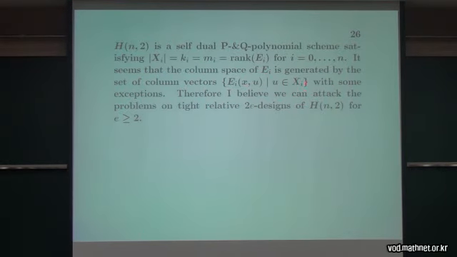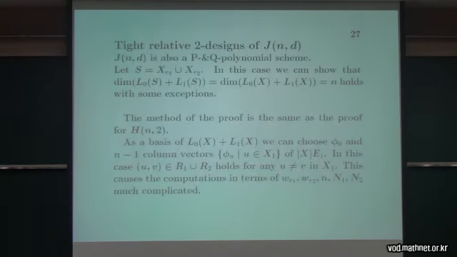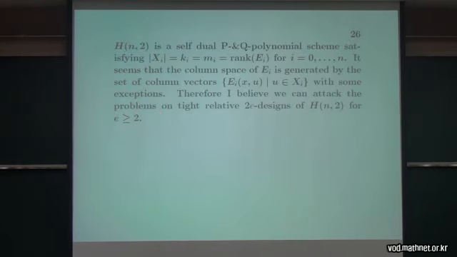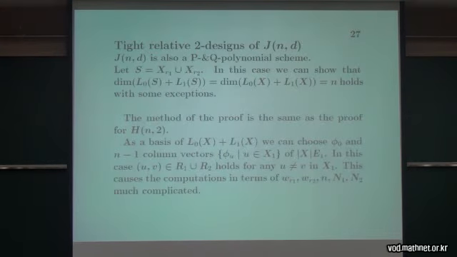The column vectors span the column space of E_i. It seems so, but I don't have the proof. Therefore, I believe that we can adapt the problems on tight relative t designs of the binary Hamming scheme for e greater than or equal to 2, but I haven't tried it yet.